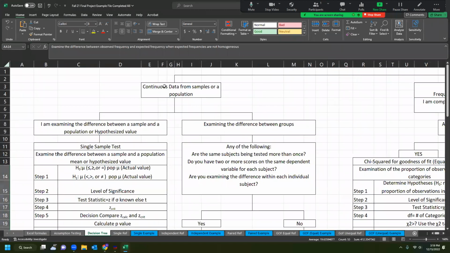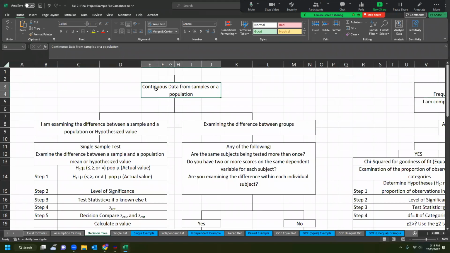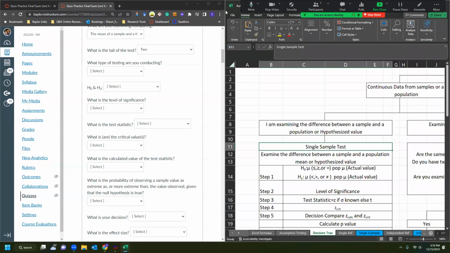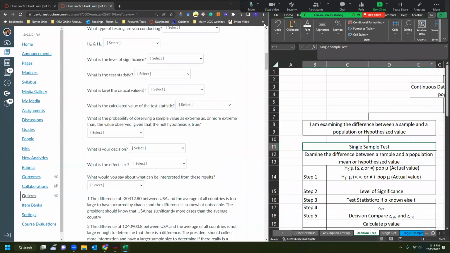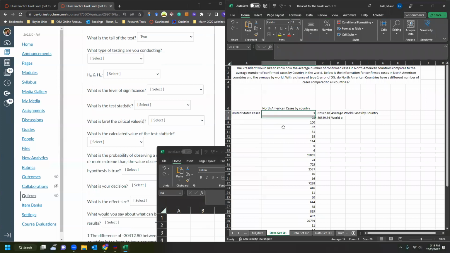So are we looking at continuous data or are we looking at frequencies of categorical data? The answer is, well, this is a little bit different. We are actually looking at the average number of cases. And because we're looking at an average, it is actually continuous, even though it looks like it is discrete because we're looking at the number of cases in each country.